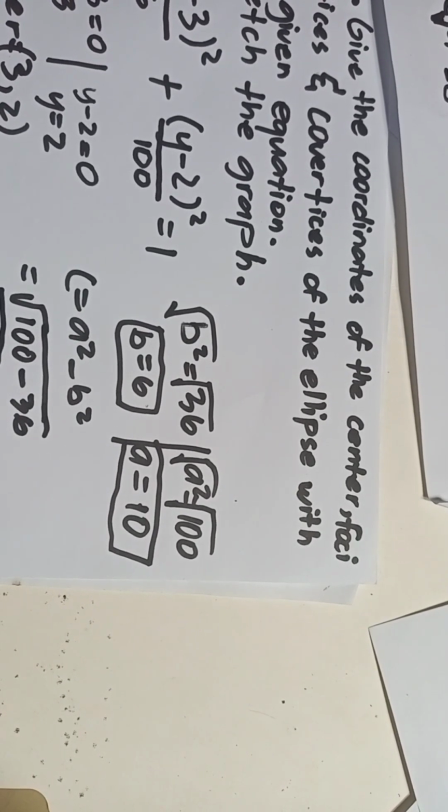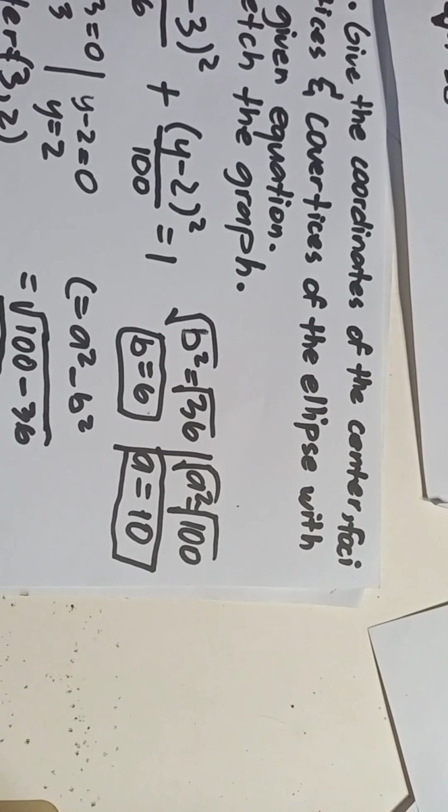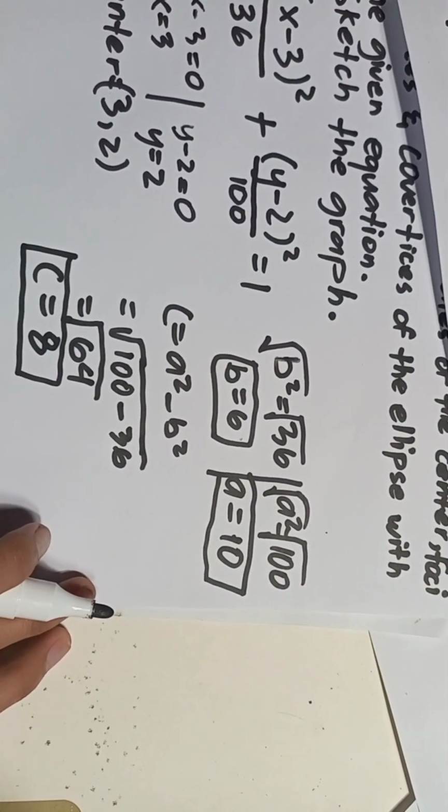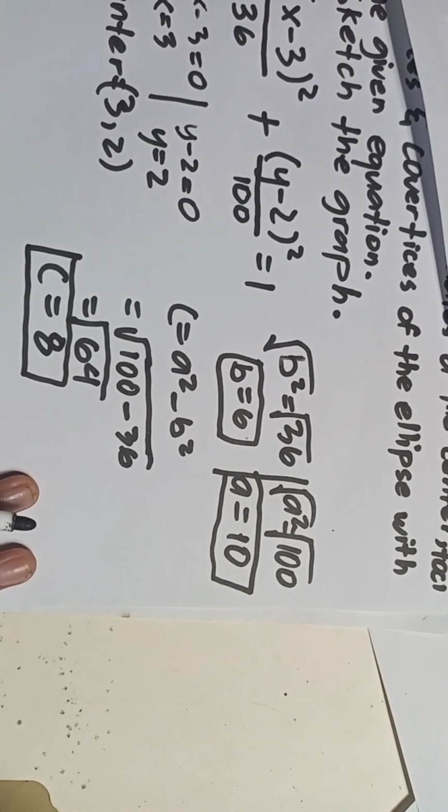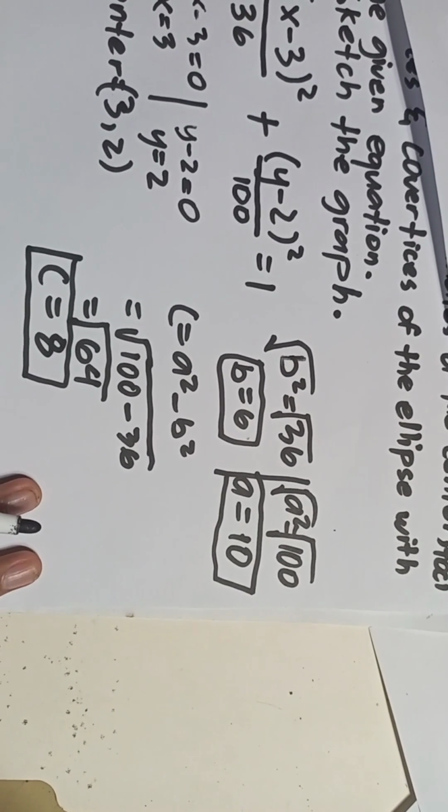Get the square root of 64, so c is equal to 8. Now we are going to graph our example.